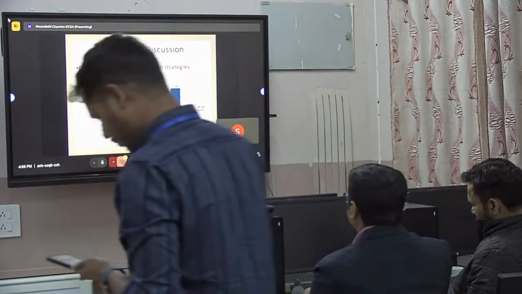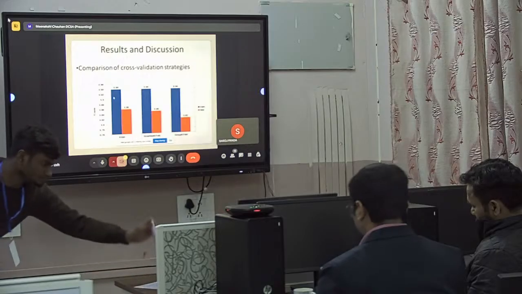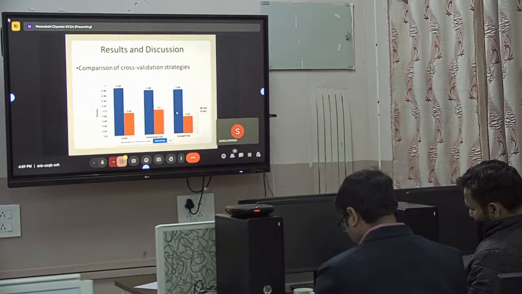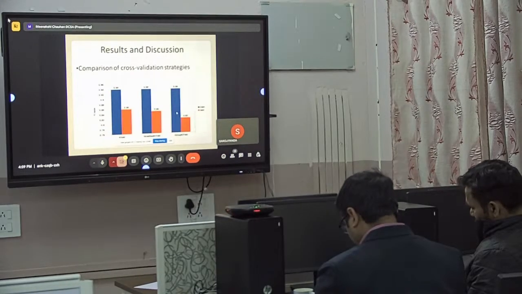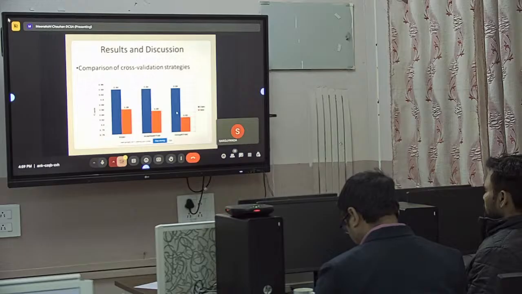The same goes for F1 score, where we have good values for all these strategies, and the same for precision and recall. Here, the SVC model has good metrics because the dataset is very small, and SVC generally gives good accuracy when we use a smaller dataset.